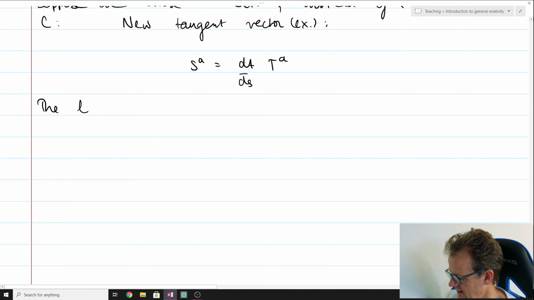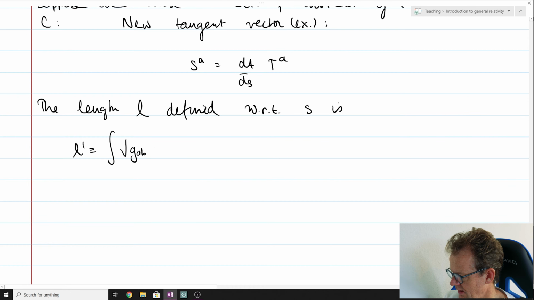And so now let's define the length. Let's just suppose we have a metric with positive signature. So the length defined with respect to this new parameter s, L prime, is per definition just the integral of the square root of g_ab S^a S^b, where S is the new tangent vector.